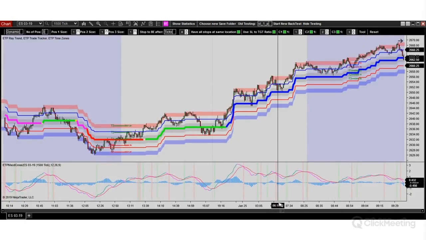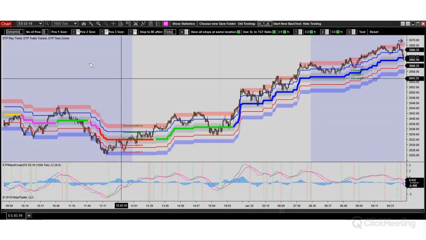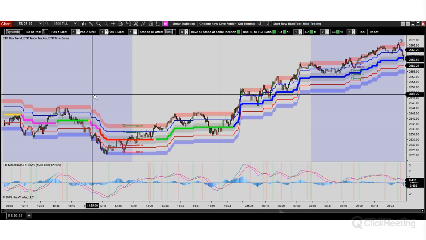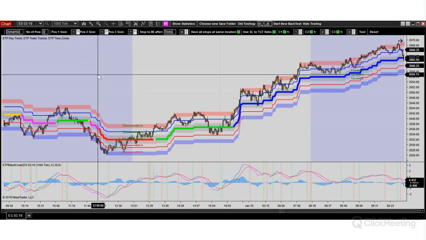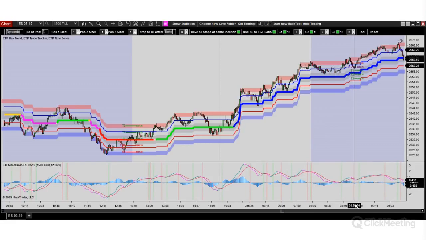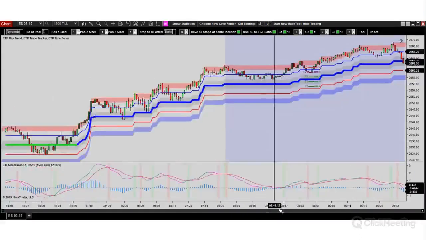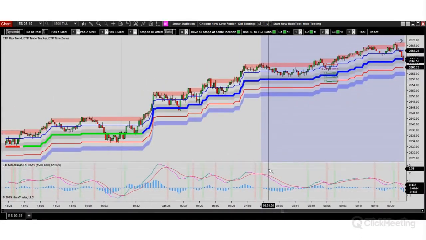Any other questions? And what I meant by losing trades such as this one, where the trend just keeps going and going and going and doesn't take a breath.